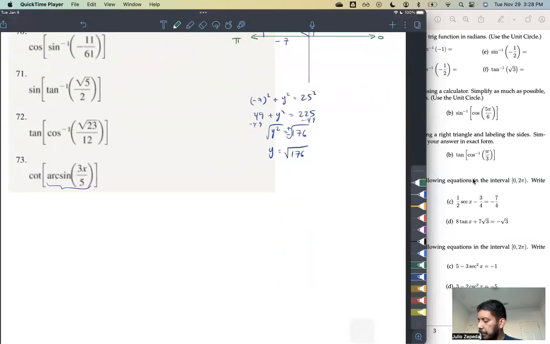Arc sine of 3x over 5 is an angle theta in the interval from negative pi over 2 to positive pi over 2, where the sine of that angle theta is equal to 3x over 5.